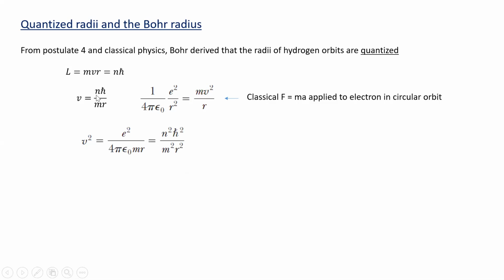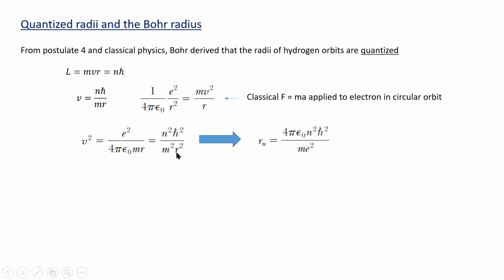Solving this equation for v squared gets you this, and here we just square all of these terms, and so we get this equation here, which involves just n, the stationary state number, and then constants: h bar, the new constant, Planck's constant divided by 2 pi, the mass of the electron, the charge on the electron, and so forth, and the radius.